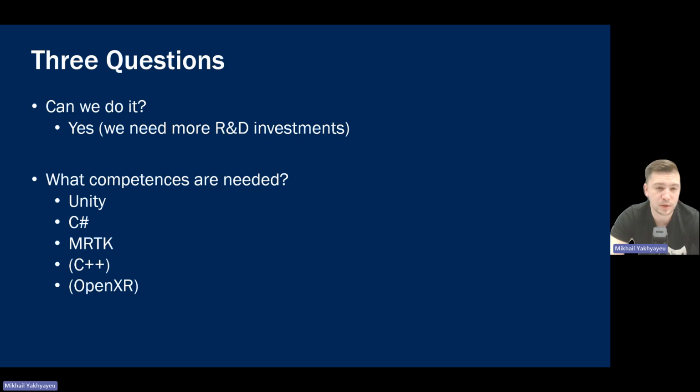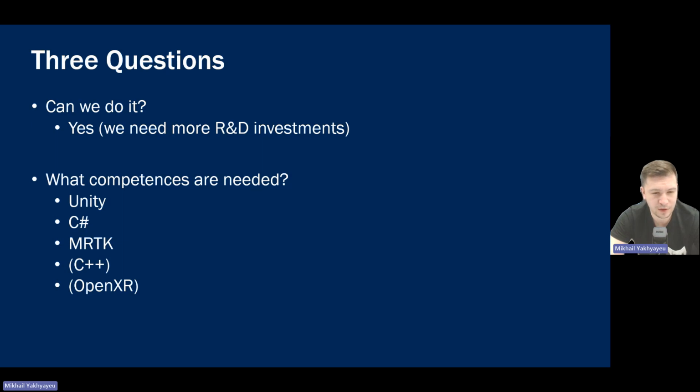The second question was, what competencies are needed for the development of such applications? Well, I have numbered five of them, but the first three are enough. Unity, C# and MRTK would be enough to create and deliver applications that bring value to the customer.